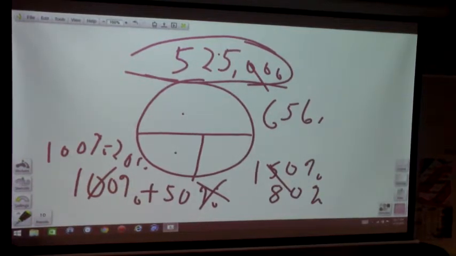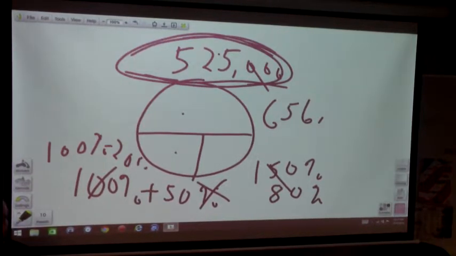We don't know what he paid for it, but we know he paid 100%, and we know he sold it for 525,000. He lost 20% of the deal. So what is that figure? What he paid for it, 100% minus 20%.